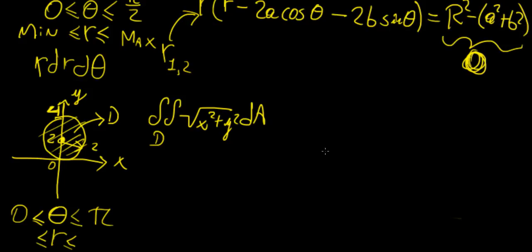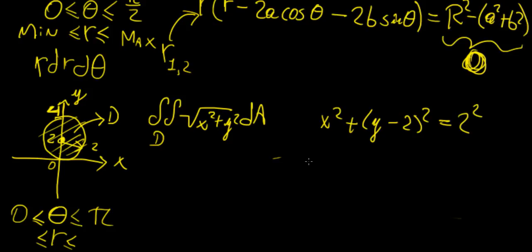To find the limits, we're going to apply the circle formula. So let's write the equation of the circle of this region. That's going to be x minus 0, so just x squared, plus y minus 2 squared, equal to the radius squared, which is 2 squared.